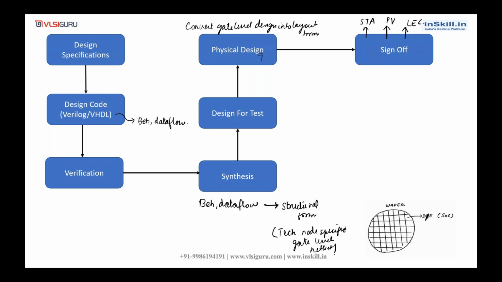Why we need to go for LEC is because, as you see, we started the chip design process with the design code stage, where the behavioral and data flow level model form of the code was written. At the time of synthesis, that code got converted into structural form, or a technology node specific gate level netlist.